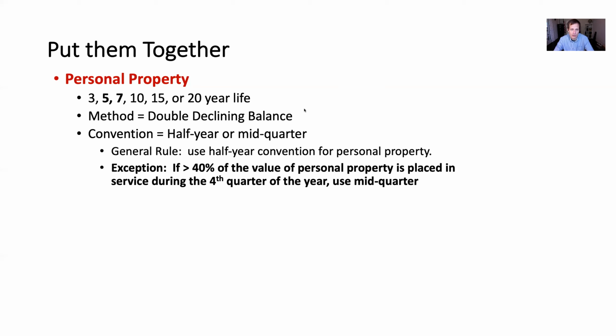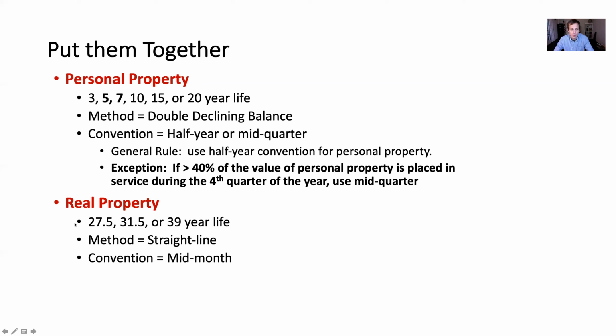You get more deductions faster. Our convention, as we said, the default is half year for personal property. But if more than 40% of the property placed in service that year was in the fourth quarter, then I have to switch to the mid-quarter convention for all my property placed in service that year, and it'll be under mid-quarter for the rest of its life.